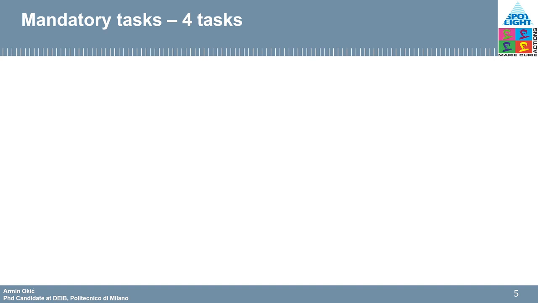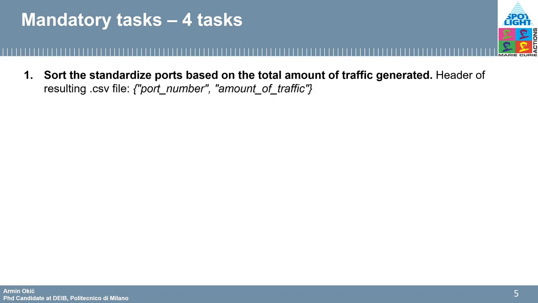For the mandatory tasks, you will need to finish 4 tasks, and here is the list of them. The first one is to sort the standardized ports based on the total amount of traffic generated. Here I would like to underline the part "standardized ports". What standardized ports are, you need to know based on the knowledge that you got from the networking courses.